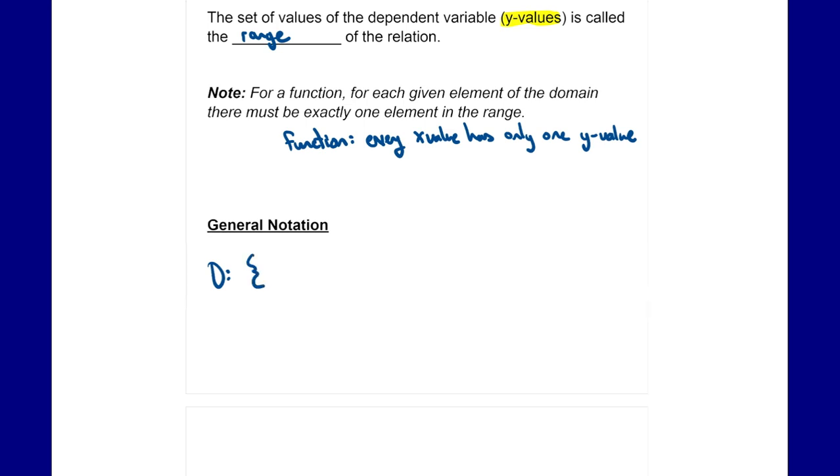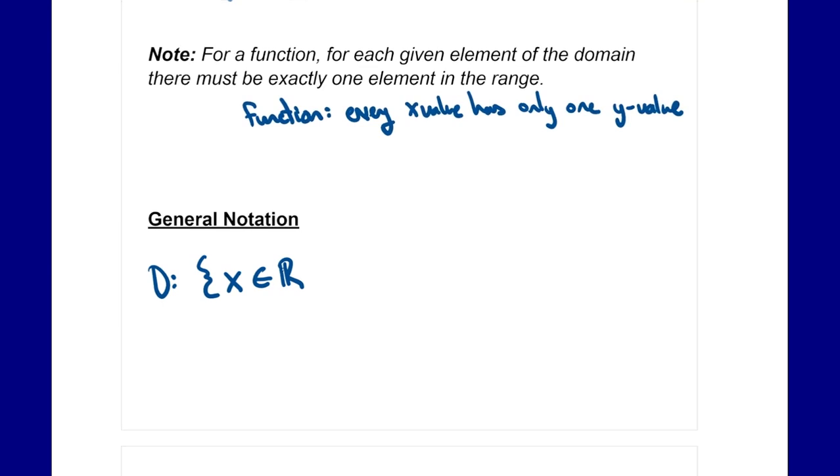So we're going to say the set of x values for our relation, whatever they happen to be, belong to, so epsilon, and we're going to use this little r symbol. It's almost like two lines, and then the rounded part of the r.